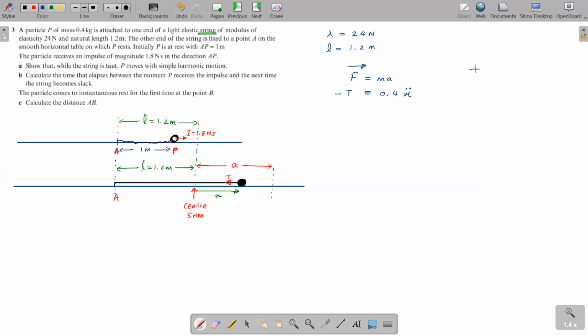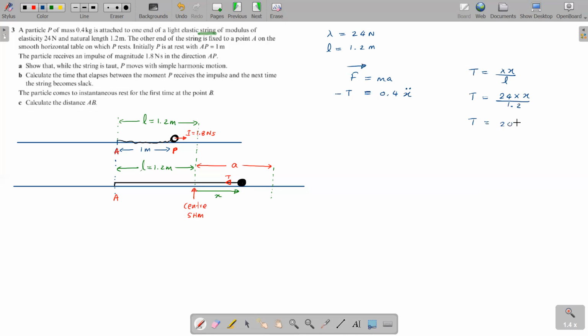Okay, so tension is lambda x over L. So lambda value is 24 into extension x over natural length 1.2. Okay, so how much is the tension? 24 over 1.2 is 20.